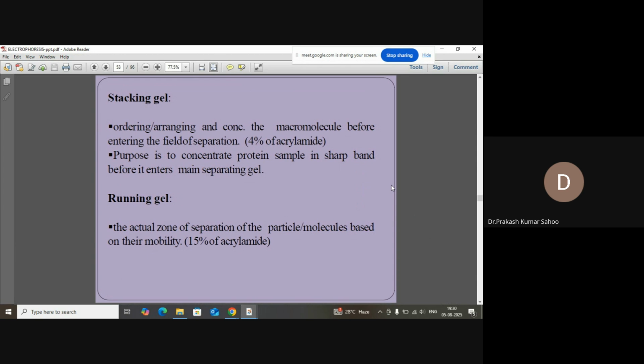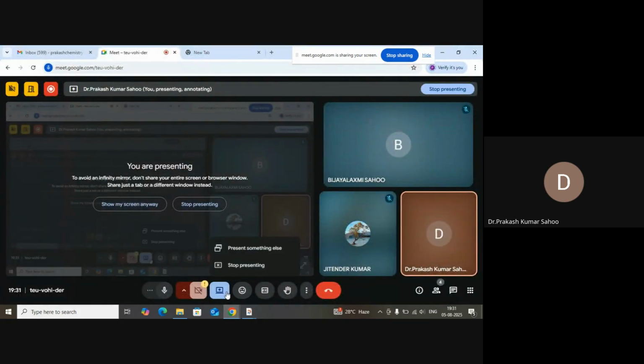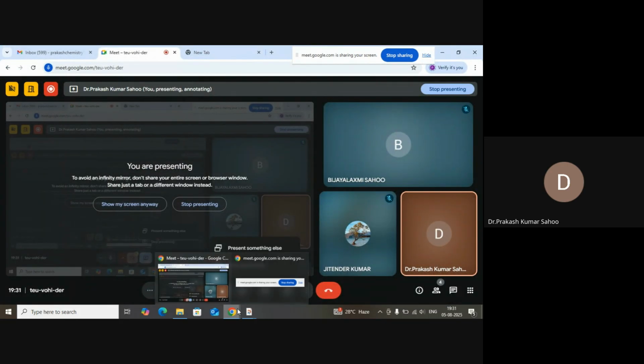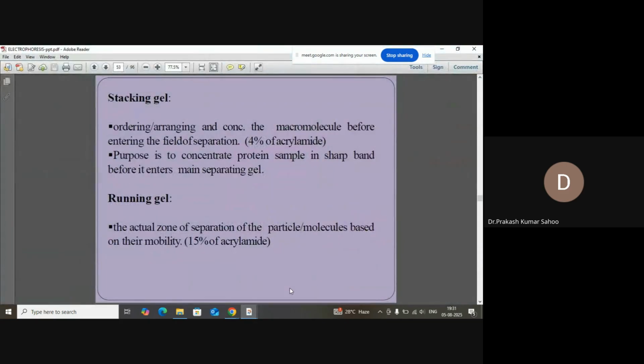Then your stacking gel, so ordering or arranging and concentrating the macromolecule before entering the field of separation, 4% acrylamide.